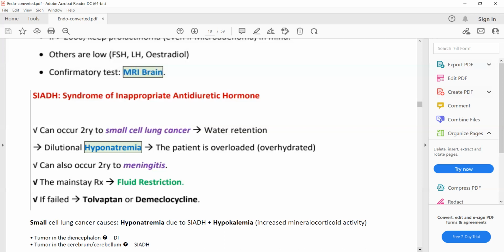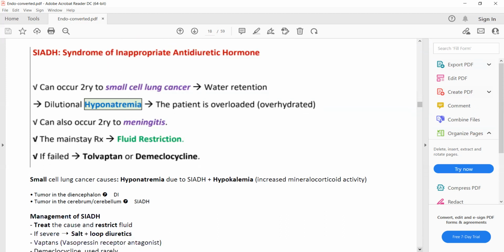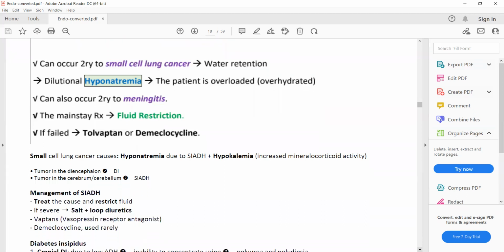And what will happen to the urine? Because excessive water is reabsorbed from the urine, the urine will be concentrated. The causes of SIADH are small cell lung cancer, meningitis, and stroke.